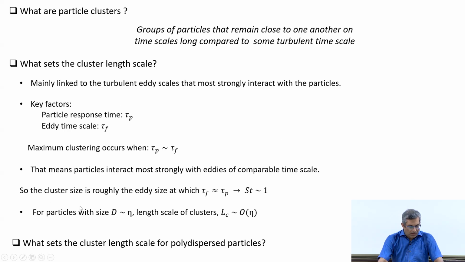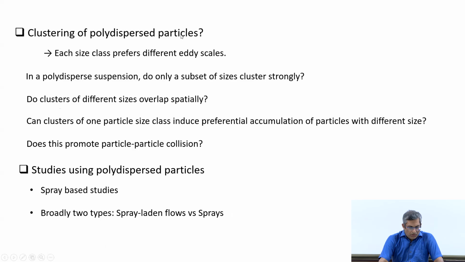Now, in continuation of yesterday's discussion, what happens when we have polydispersed particles, that is particles of different size? How do they cluster? In case of clustering of polydispersed particles, each size class prefers different eddy scales. So what does this mean?